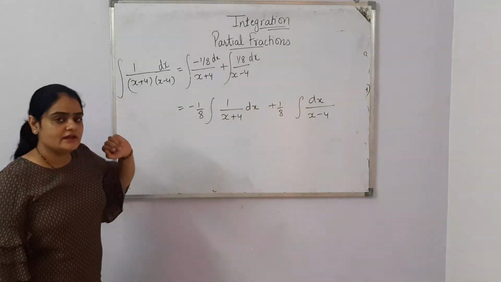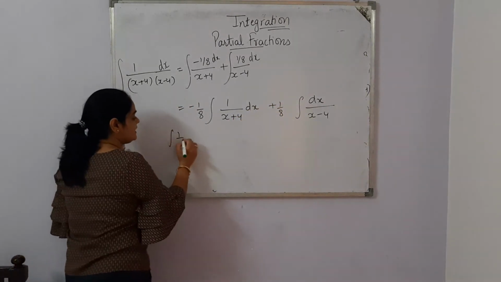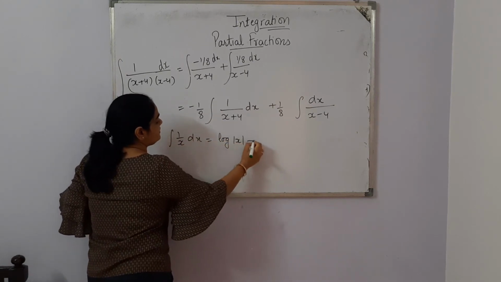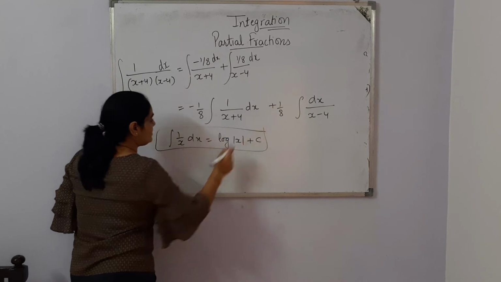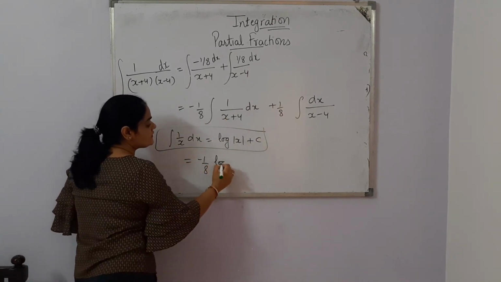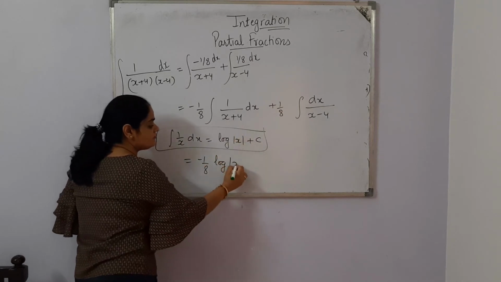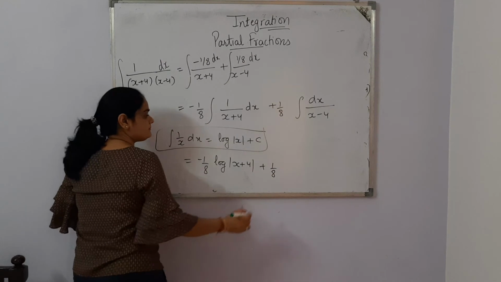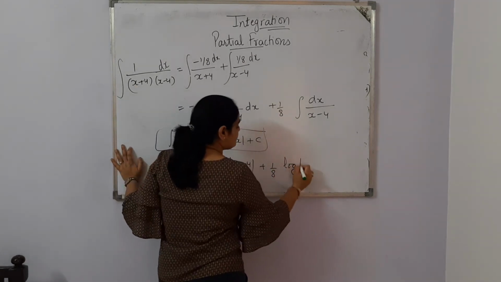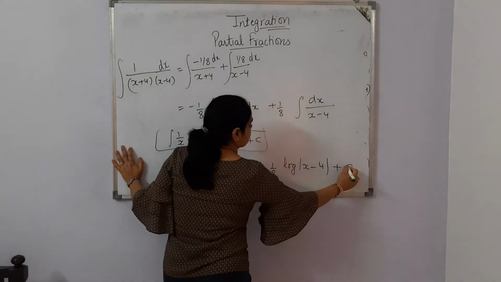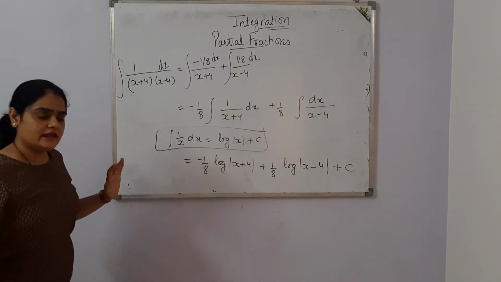We can apply the formula of integration of 1 by x. What is that? It is log of x plus c. So we'll apply this very formula here. So it is minus 1 by 8 log of, in place of x we have x plus 4, plus 1 by 8 log of x minus 4 plus c.